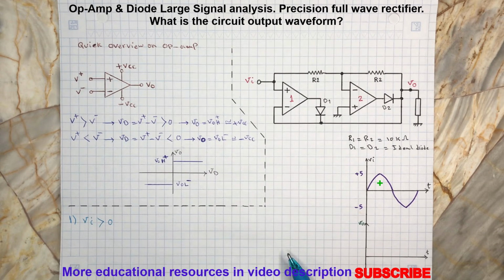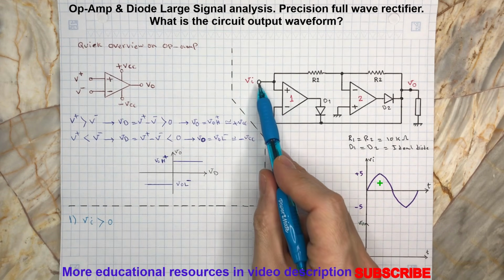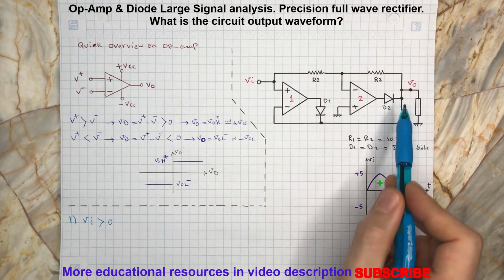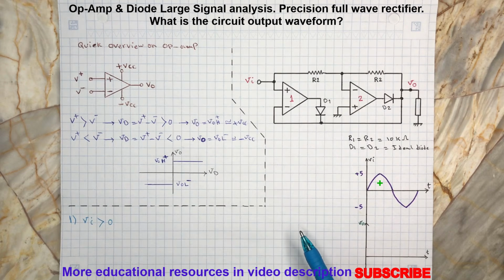Now by applying the virtual short principle, we will have Vi at the V minus terminal of the op-amp number 1 and directly to the output VO. At the same time, with a closer look at the op-amp number 2, we can see that the Vi is connected to the V minus terminal.